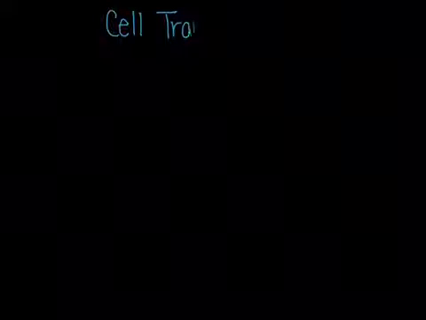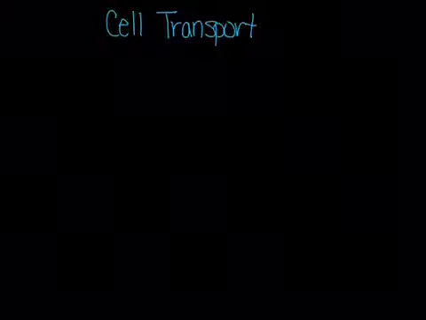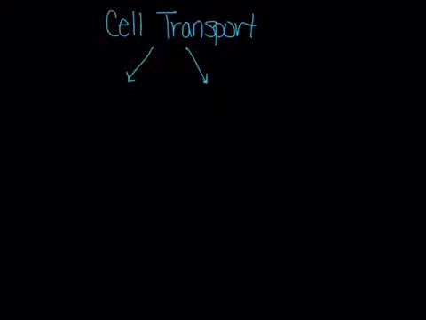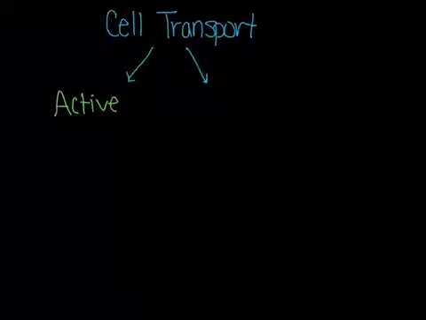So there are a lot of different types of transport, so let's just try and organize these thoughts here. So we have cell transport. And cell transport can be divided into 2 categories. We can have active transport. Or we could have passive.